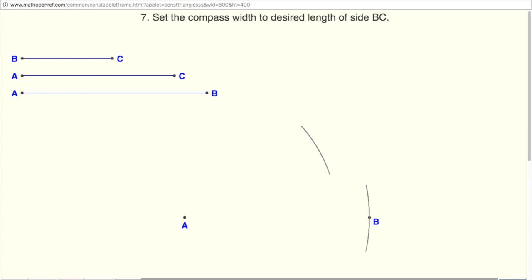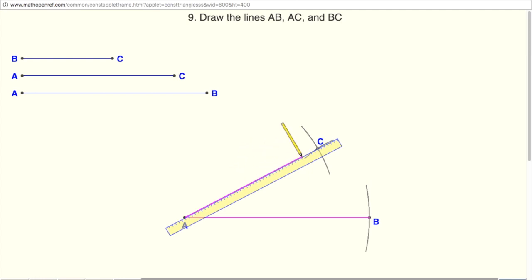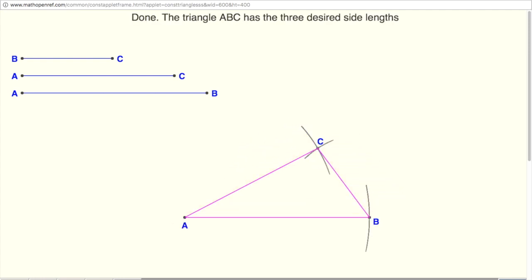And then set the compass width to your third side, BC, and then put your compass at B and draw an arc making point C. Then draw the lines AB, AC, and BC. Connect them all. And you have your triangle.